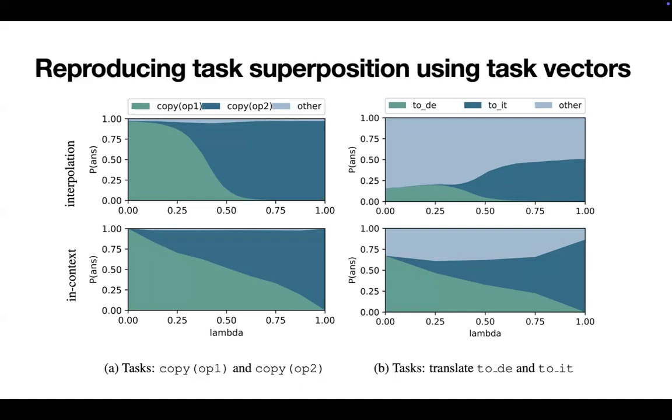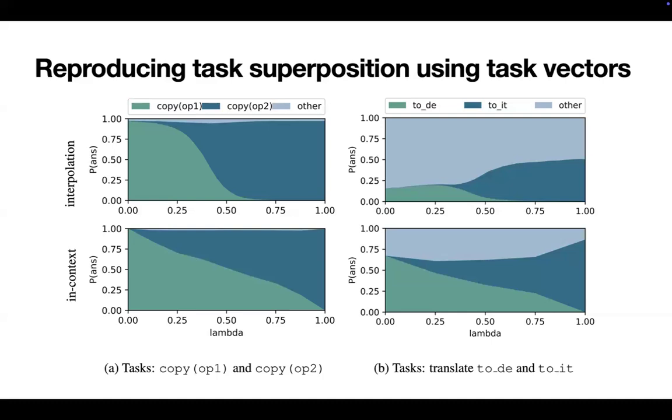The bottom row corresponds to the in-context examples, which is kind of a baseline we had before. So again, the top rows are the convex combinations of test vectors that we manually set, and the bottom rows are our probabilities if we provide the text mixtures.